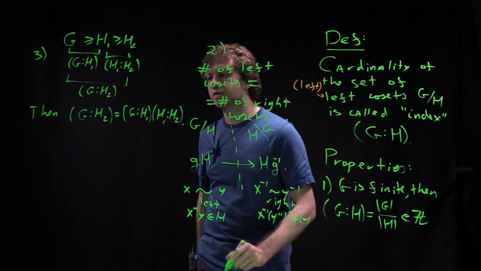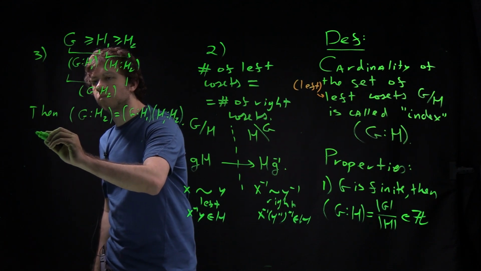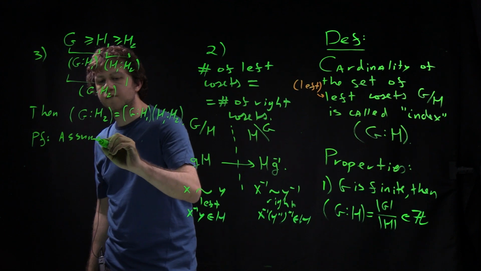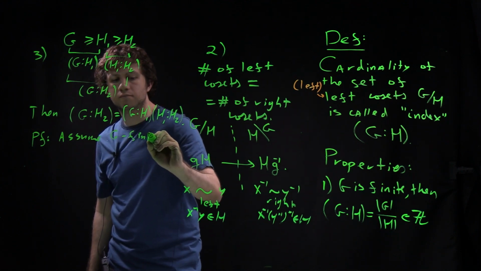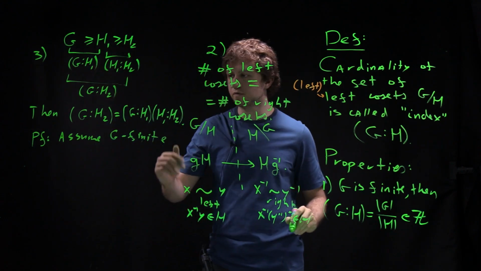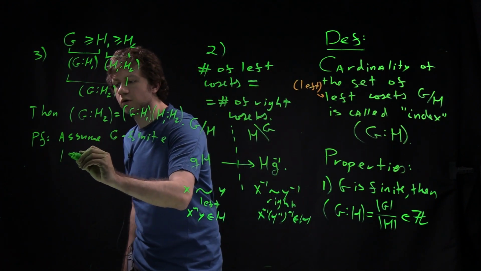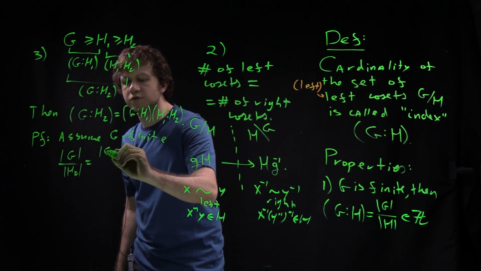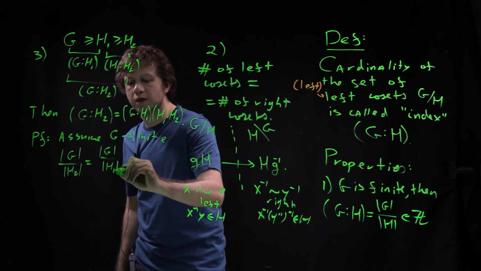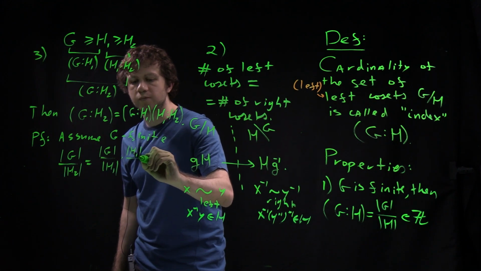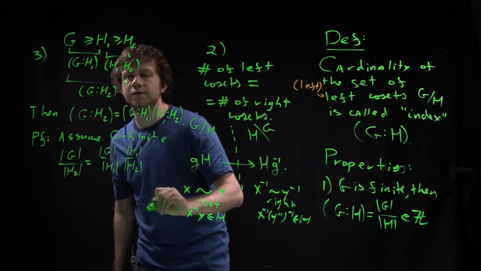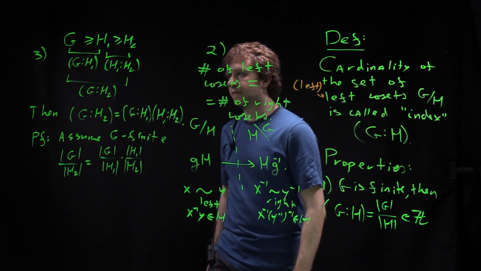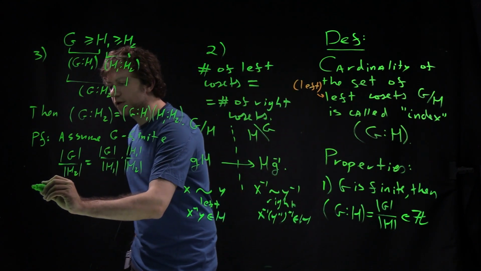I will assume G is finite. For the proof, you just show that the order of G divided by the order of H2 equals the order of G divided by the order of H1 times the order of H1 divided by the order of H2. We will discuss the infinite case during the class.